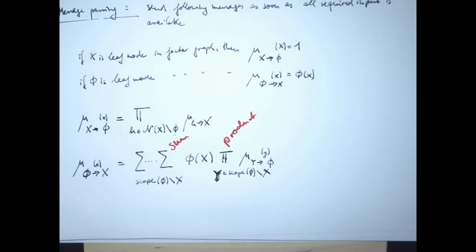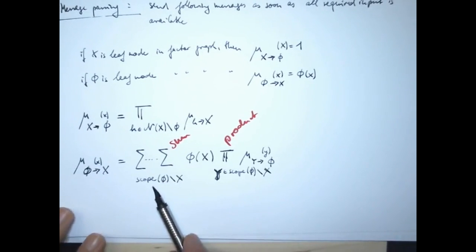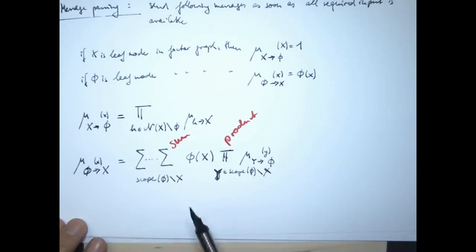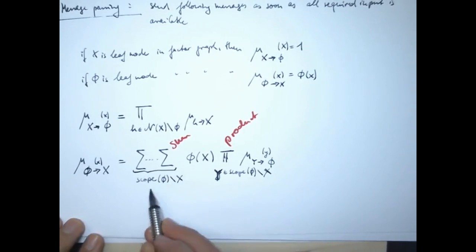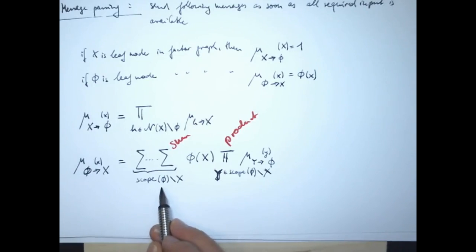Yes? So this thing here, yeah. What I mean here is a summation over multiple variables, namely all variables in the scope of this factor. So I'm summing over all arguments of the factor except for the variable to which I'm sending my message.